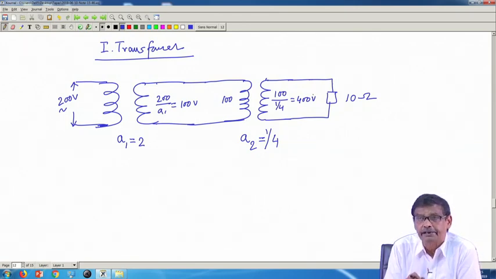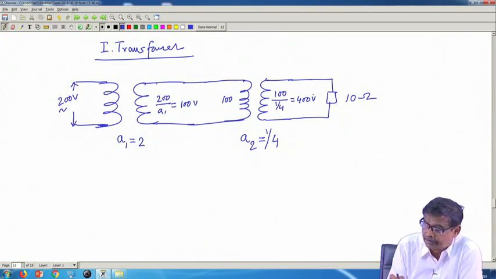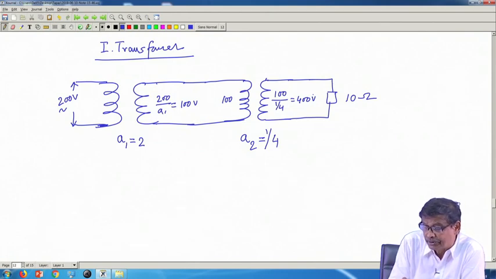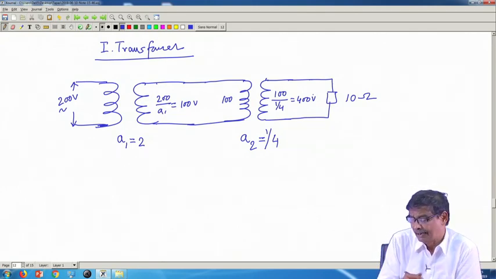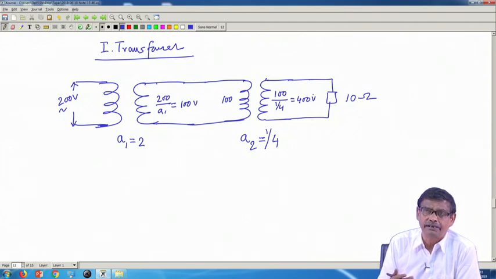If I make any mistake, please point it out through your mails or whatever. But what I am trying to tell is that you can see the nicety of analyzing circuits involving transformers. It is so easy.